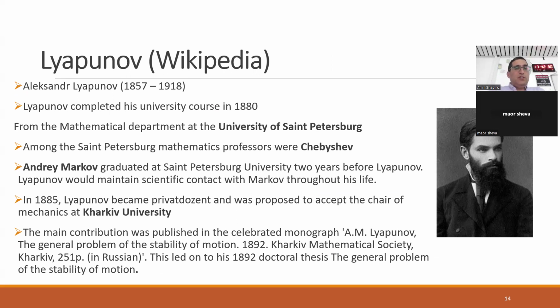From the University of St. Petersburg, lived between 1857 and 1918. And you can see here his bio. But he developed all the theory about the stability of nonlinear systems.